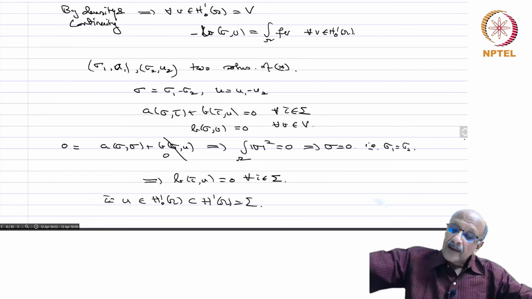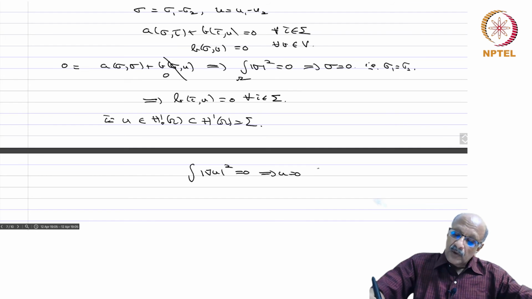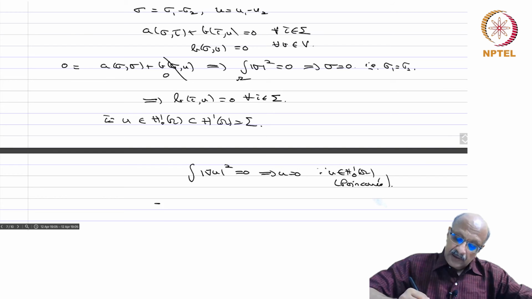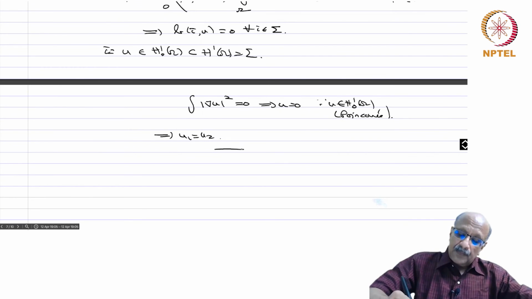So if you do that, then you get integral of mod grad u square equal to 0, and that implies that u equal to 0 since u is in H1 0 of omega and you have Poincaré's inequality, and therefore you have that u1 equals u2 also. So this proves the uniqueness of the theorem. Okay, so this completely proves the theorem.